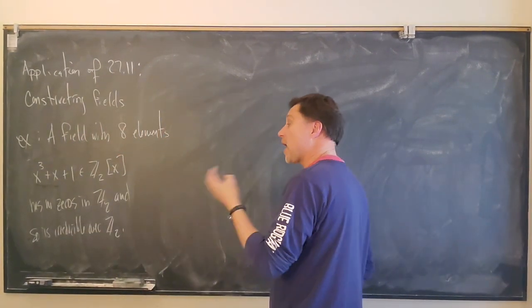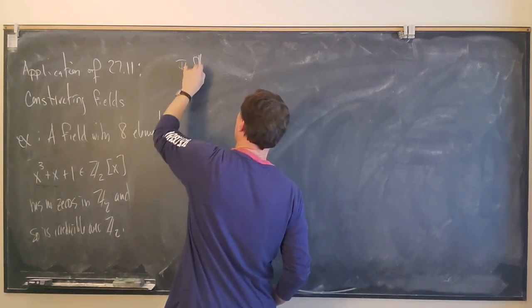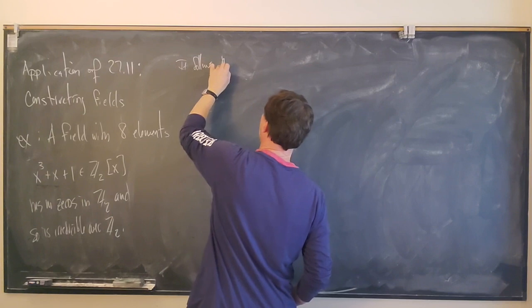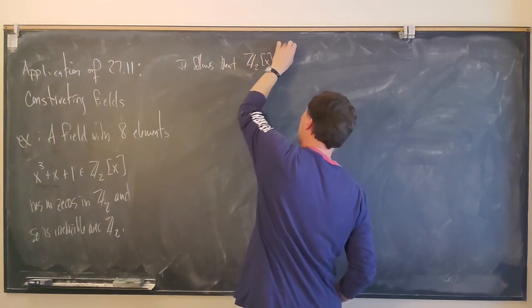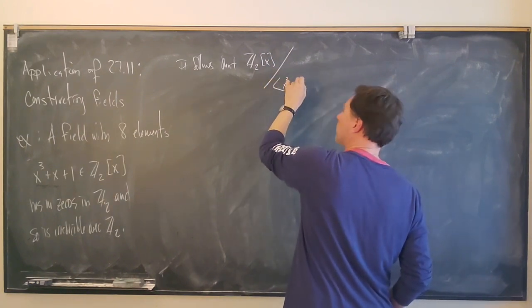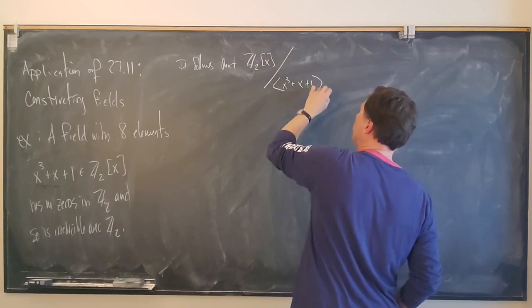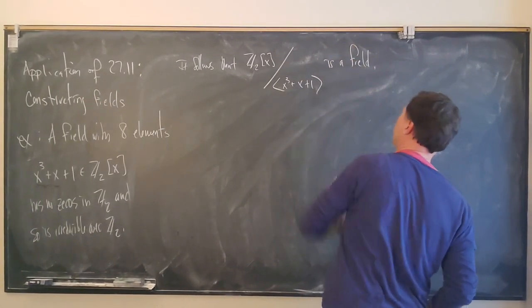So then, by our previous theorem, it follows that Z_2[x] mod the ideal generated by our polynomial x cubed plus x plus 1 is a field.